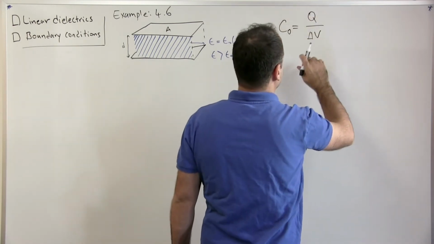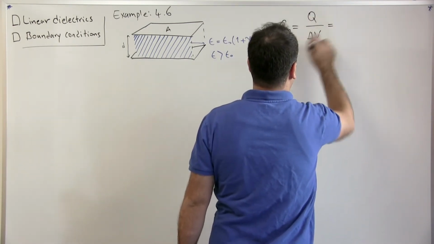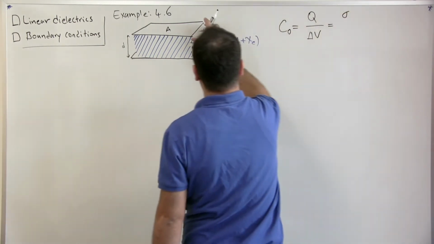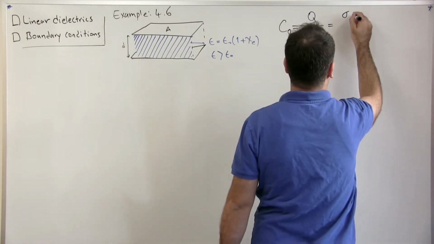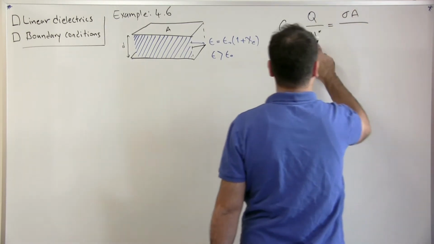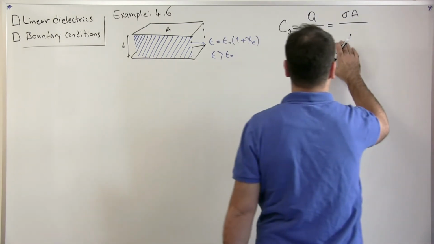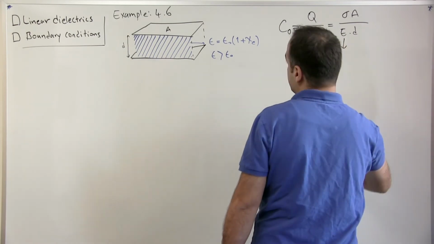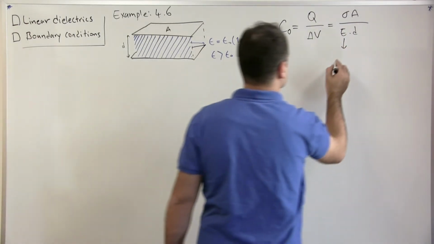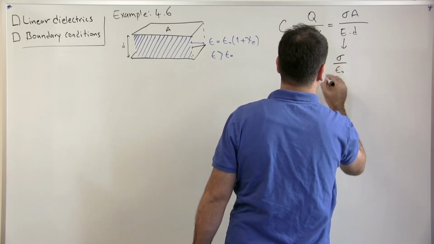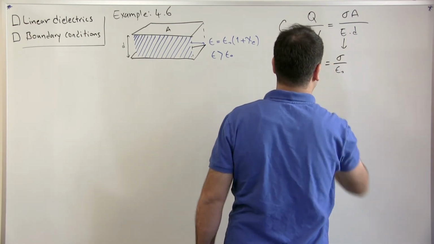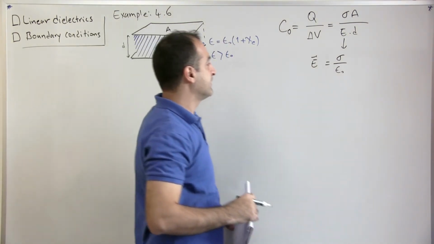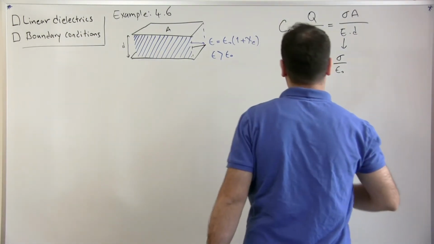Okay, so if we do not have any dielectric, the capacitance is Q by delta V, and Q is technically sigma, the charge on the plates, times the area of the plates. And delta V that we get is E, the electric field, times d. The electric field created between the two plates is sigma divided by epsilon 0. This is the case inside the capacitor where we have positive and negative plates.